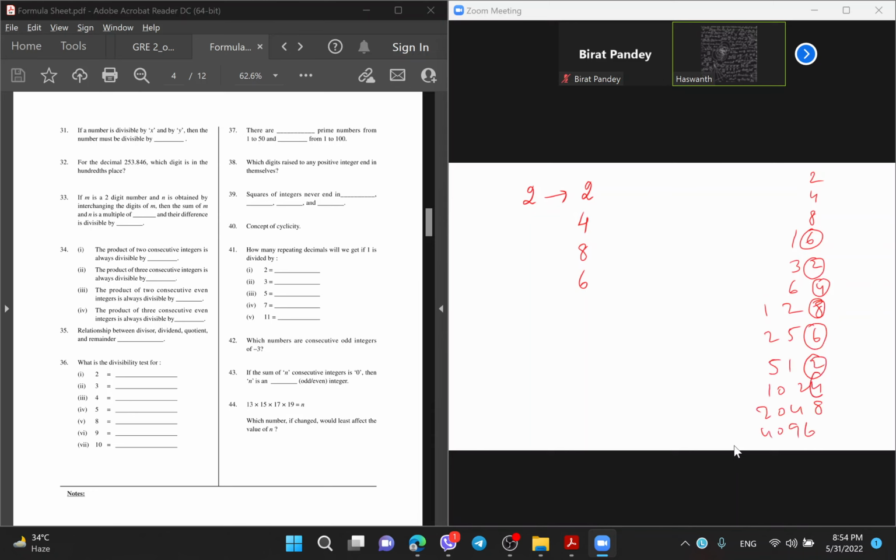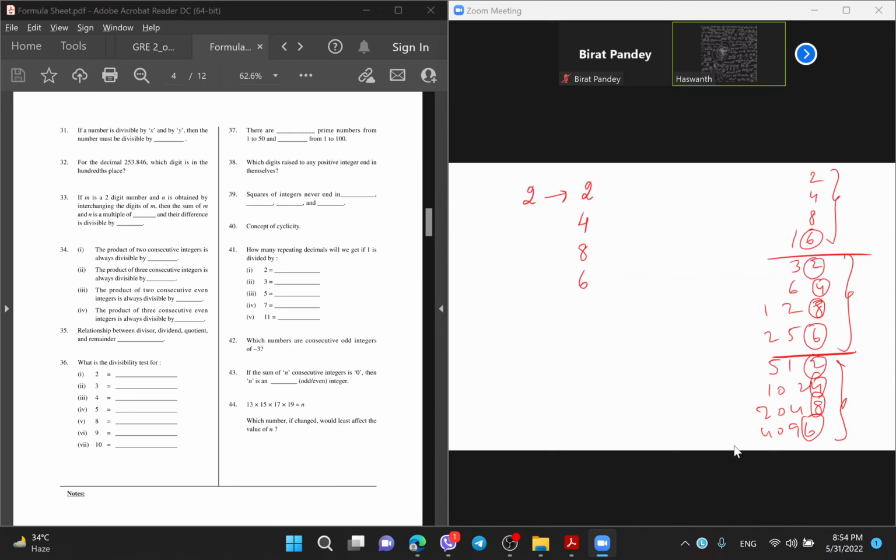Again 2, 4, 8, 6. This cycle continues, 2486, 2486, like that. So 2, when raised to any positive integer, will have its units digit either 2 or 4 or 8 or 6.